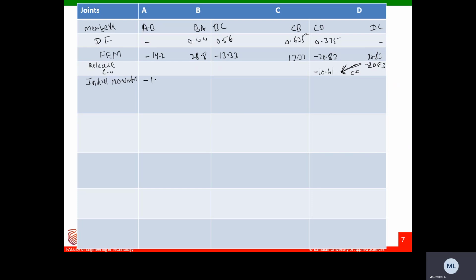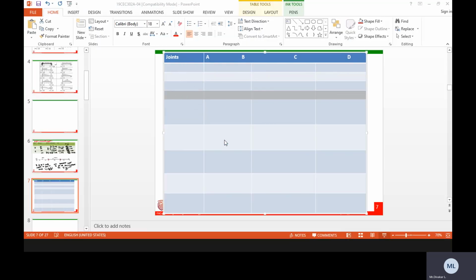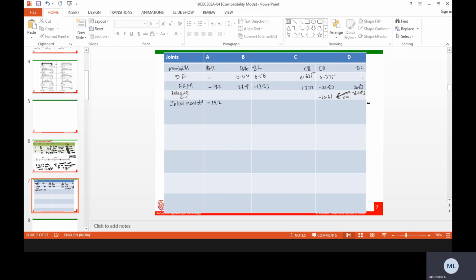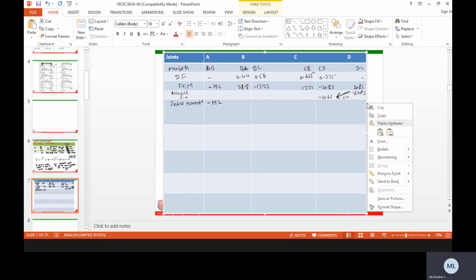Minus 19.2. Once again, it is better we add another row here to avoid confusion.